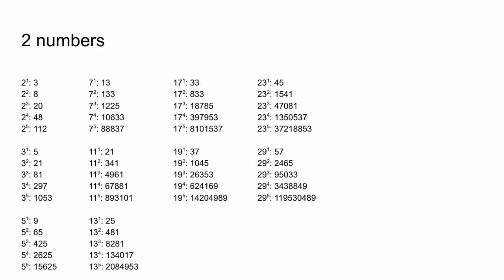What I'd like to draw your attention to here is that as you go up in a sequence of prime powers, going from p to the 1, p to the 2, p to the 3, and so on, these numbers become more and more divisible by p. So what does this mean? Let's look at the fives here.